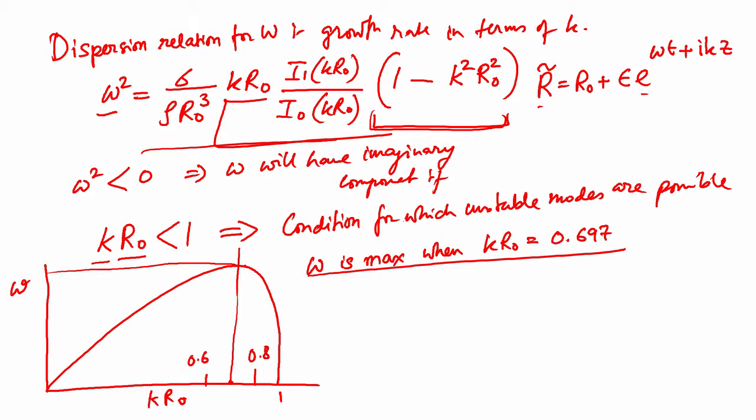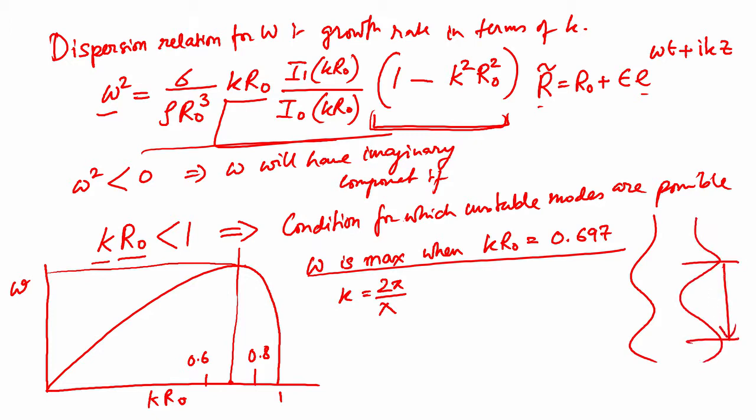Now, what does that mean? k is of course your 2 pi by lambda, where lambda is the wavelength. So, essentially these perturbations have a wavelength lambda. So, this means that when 2 pi by lambda times R0 is equal to 0.697, then the omega is maximum at that lambda.